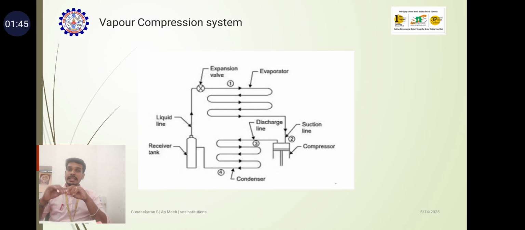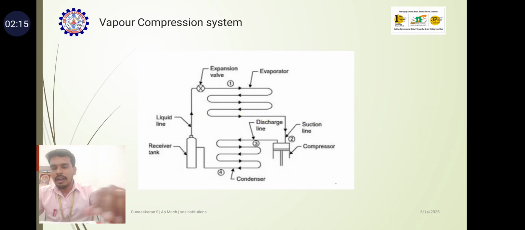The compressor increases the pressure and the temperature of the refrigerant, converting low pressure into high pressure and low temperature into high temperature gas. This process is essential because it raises the boiling point of the refrigerant.